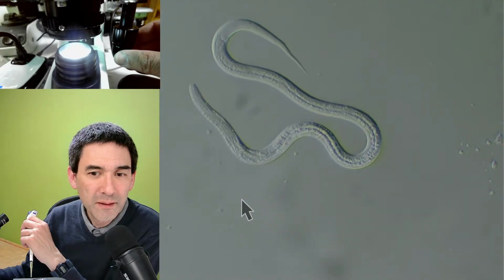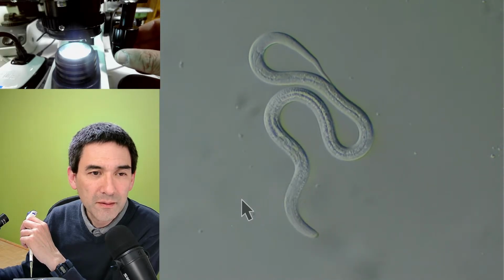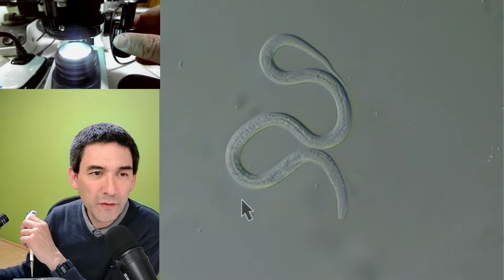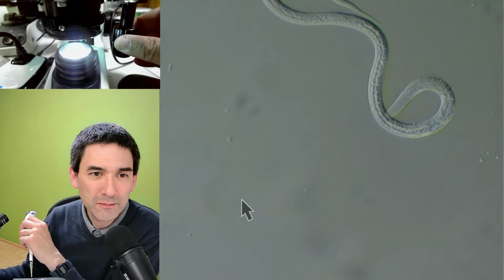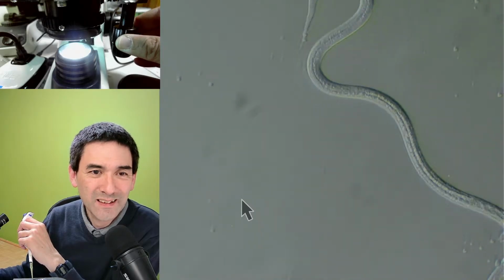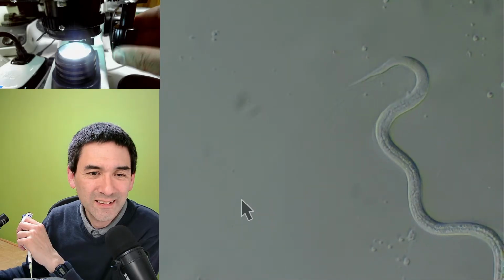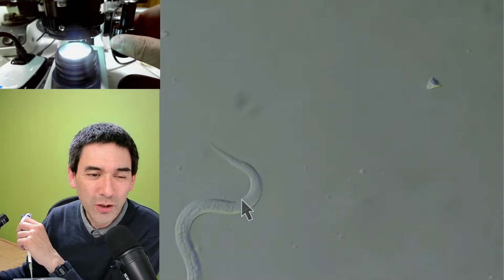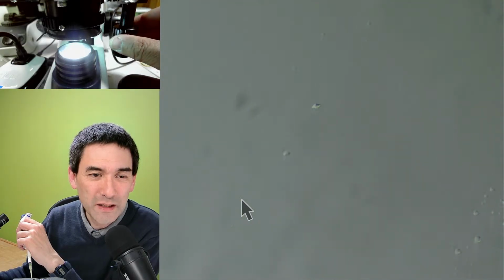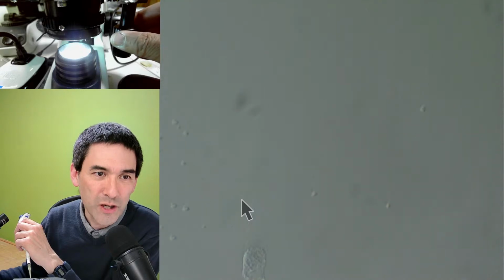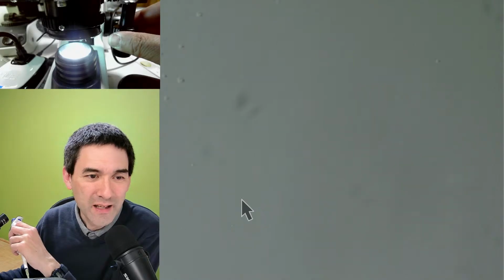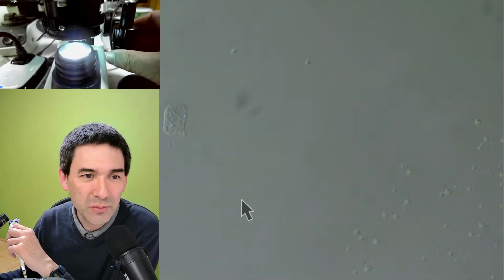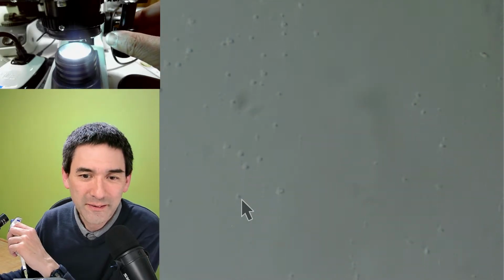Yeah, see? Now it's able to move again. So all I've done is add a little bit more liquid, and see, it's too difficult to chase. It's gone. So that's the reason why I added very little liquid.